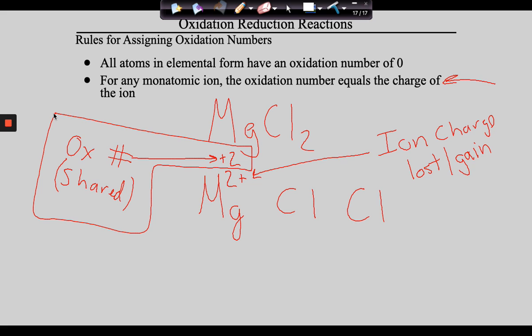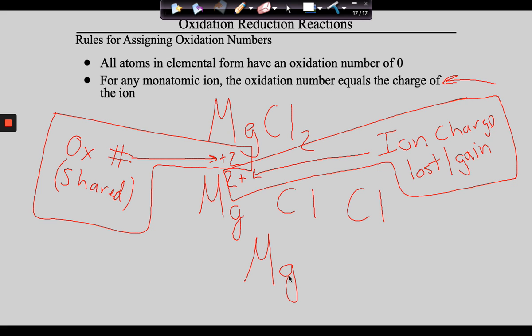If you are in an ionic bonded setting, that is a number of electrons lost and gained, and then it's number first, charge second. So technically, this magnesium should be magnesium 2 plus, because magnesium chloride is ionically bonded and it is losing electrons. So that should be the number and then the charge.